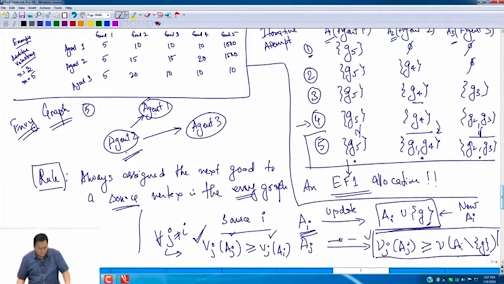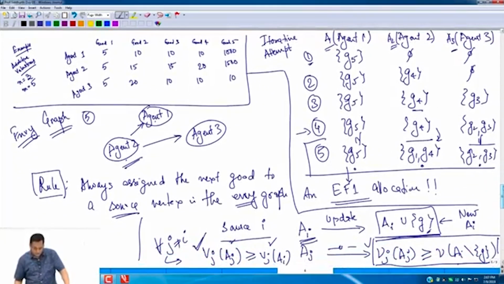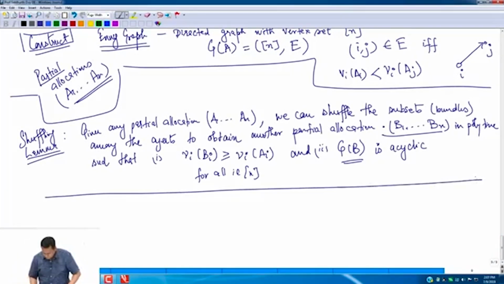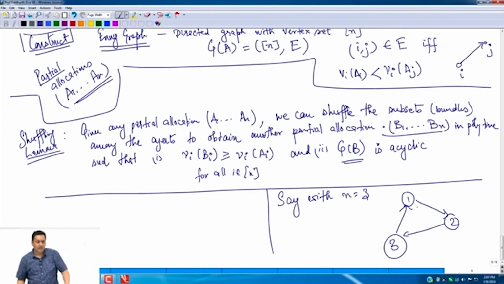We were looking at 3 agents here. This was my example. Again, it was curated to ensure that I always had a source. Say that wasn't the case. Say with 3 agents, at some point agent 1 was envying agent 2, agent 2 was envying agent 3, and agent 3 was envying agent 1.